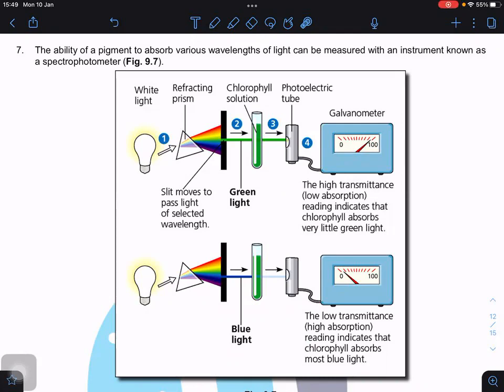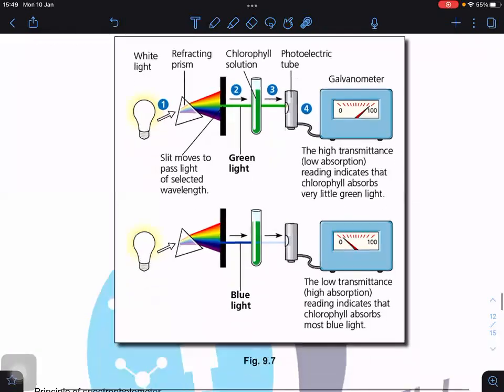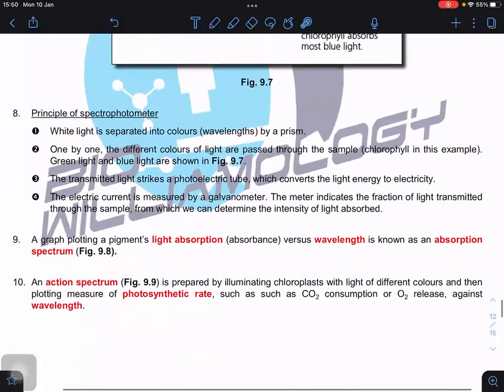Once you plot a graph, you have this graph called the absorption spectrum. So what is the principle of the spectrophotometer? You can read it by yourself. Basically, we separate the light into different colors or wavelengths by a prism. One by one, the different colors of light pass through the sample. Then the light is transmitted to the photoelectric tube, which converts the light energy to electrical signal.